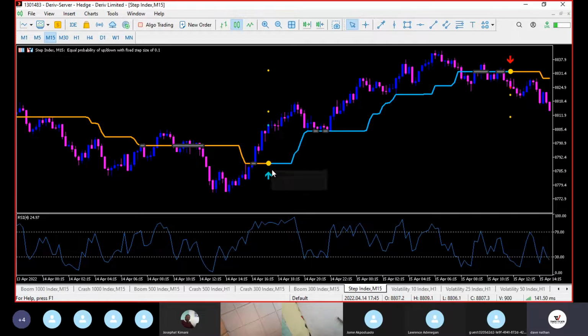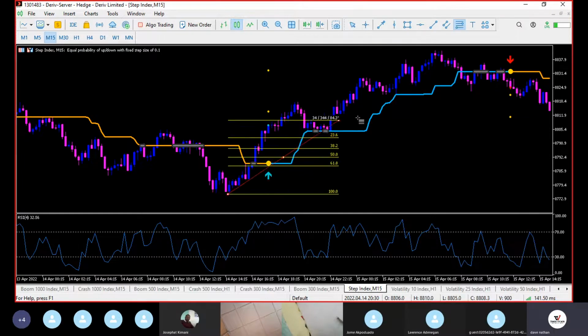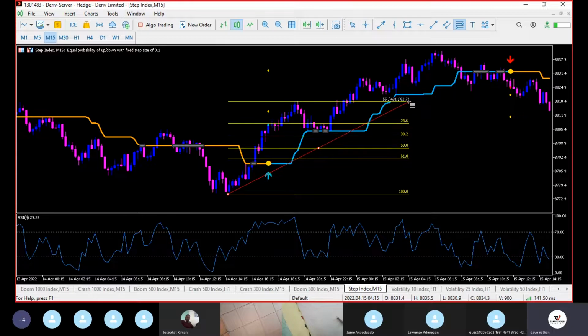All right, so whenever you get the buy signal, for you to take possible buy entries using the Fibonacci, you start from the support and draw to the closest resistance.